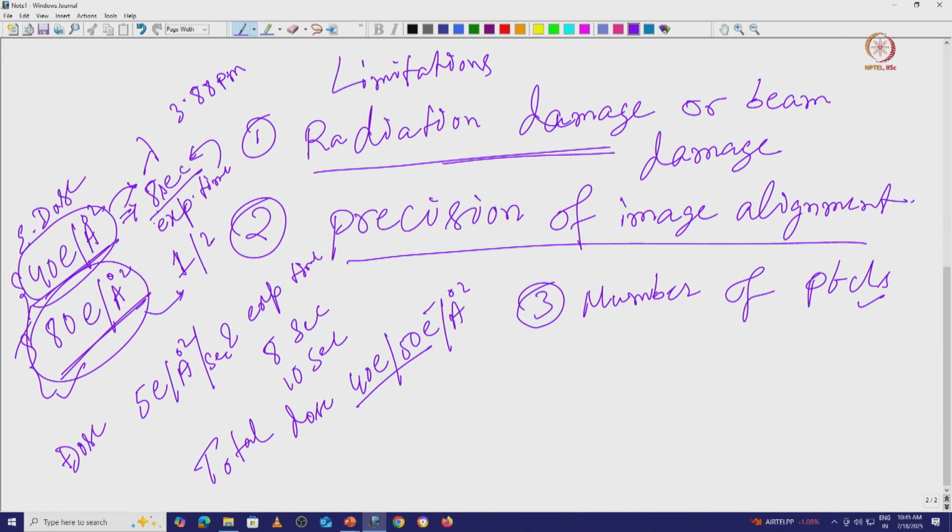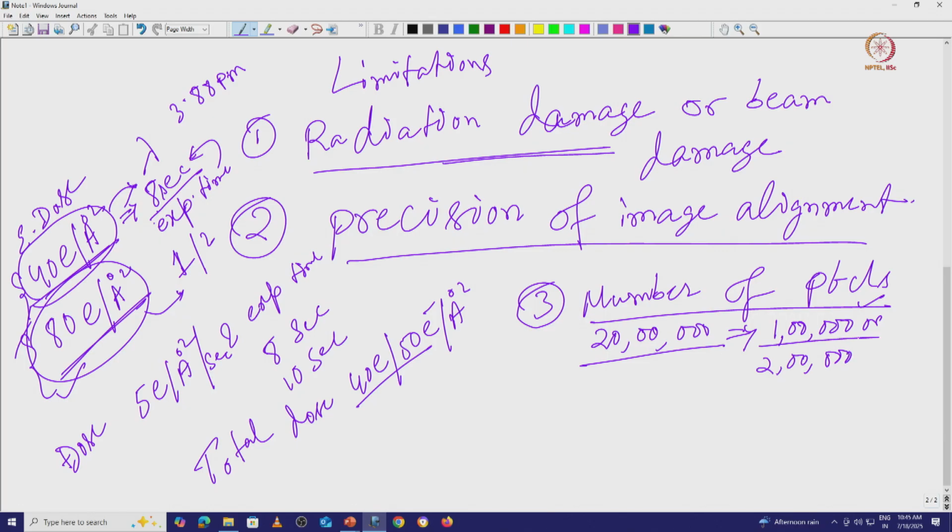That is one of the reasons whenever we are doing single particle analysis nowadays, your starting point will be somewhere like this, and then from this data set of single particles, probably only 1 lakh or 2 lakh particles will give you the final 3D reconstruction.